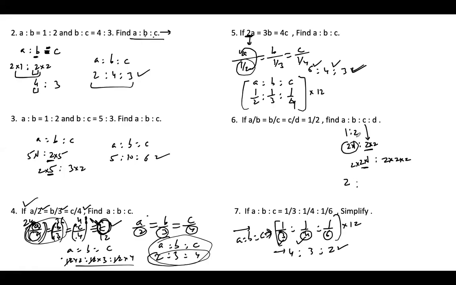Oh, sorry, 2 into 2 is to 4 is to 8. Just a sec. A is 1, B is 2, C is 4, D is 8.